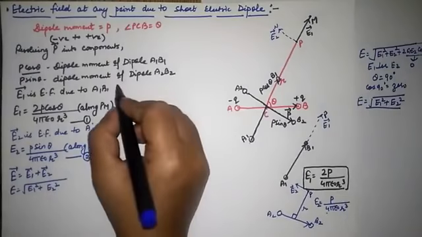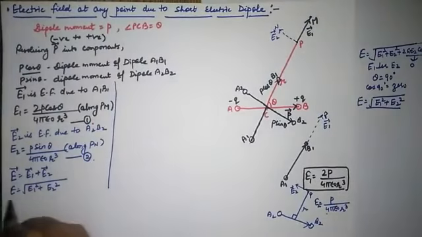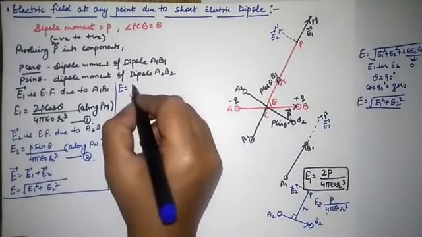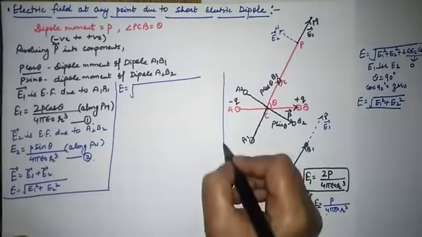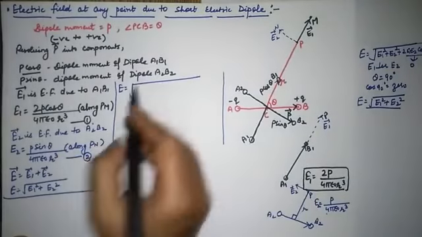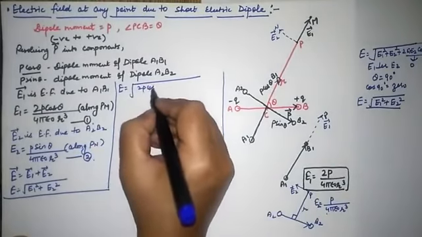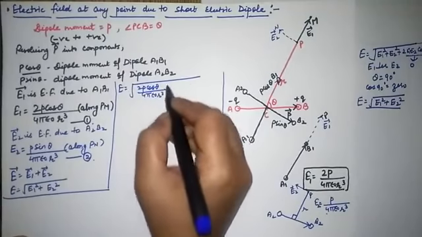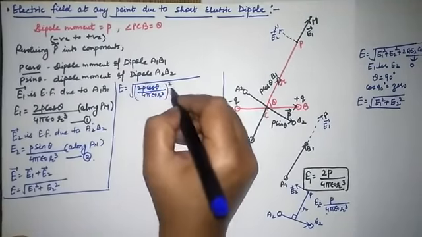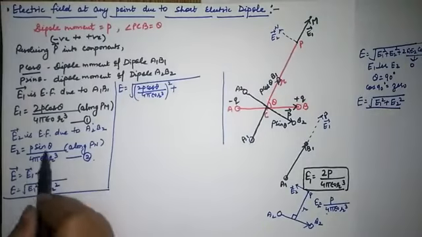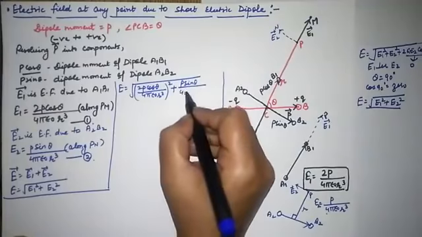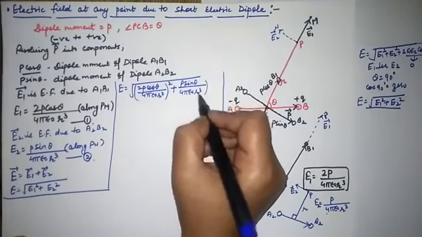Now we can put values. E is equal to square root of, what is E1? E1 is (2p cos theta upon 4 pi epsilon naught r cube) whole square plus E2 square. What is E2? (p sin theta upon 4 pi epsilon naught r cube) whole square.